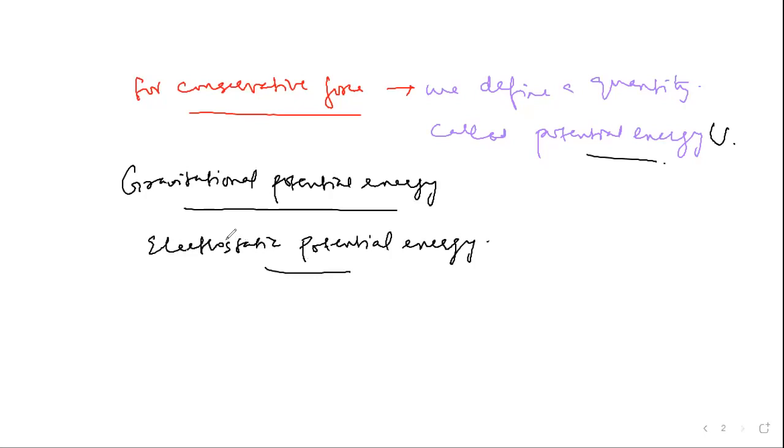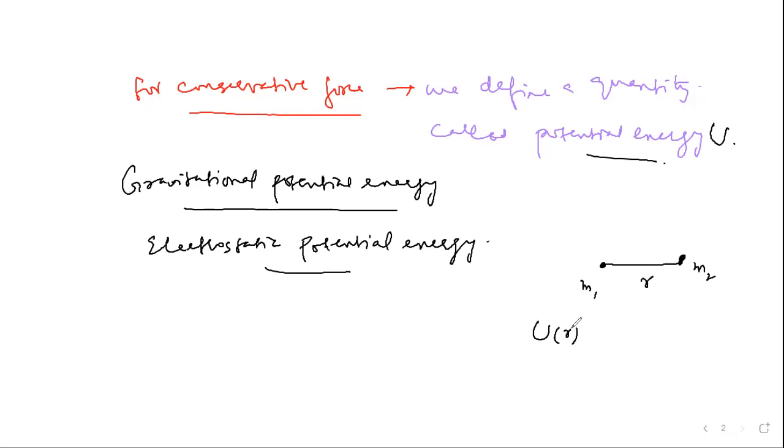You must know the expression if we have mass m1 and mass m2, point masses separated by distance r. This configuration of masses is associated with a potential energy U, which is called gravitational potential energy.